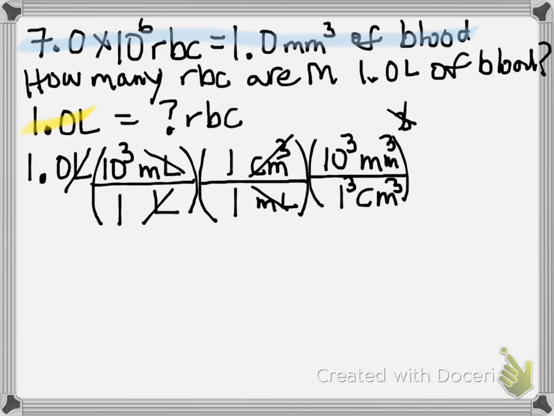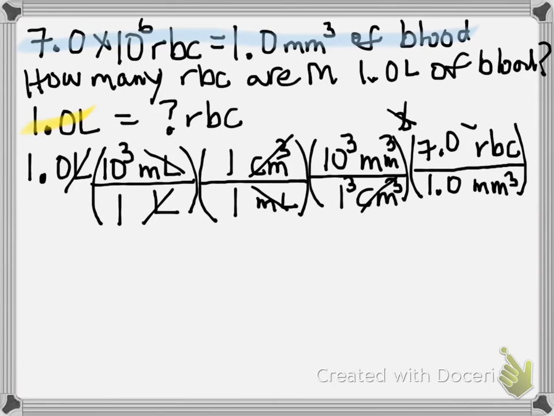So again, I'm in millimeters cubed. I need red blood cells. So now I'm ready for that conversion factor. Millimeters cubed to red blood cells. 1 millimeter cubed was 7.0 times 10 to the sixth red blood cells. So now I'm ready to do the math on this problem.